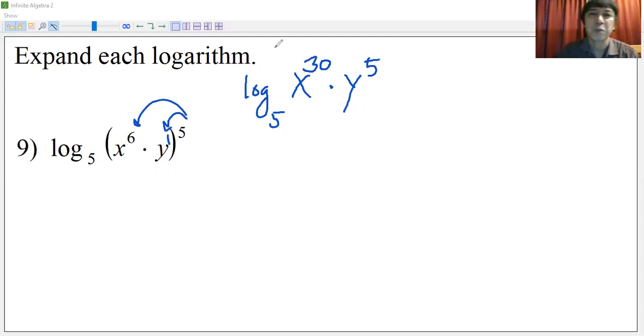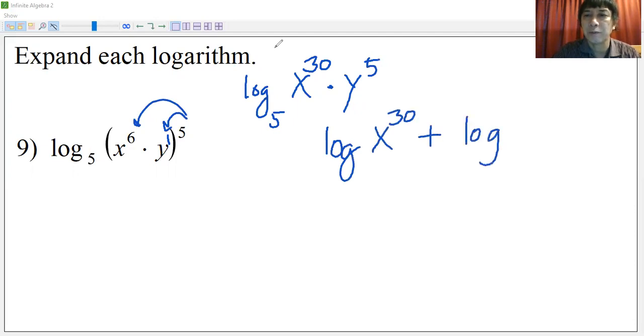Now we can expand this using the product property, of course. Okay, this is now logarithm x to the 30 plus logarithm of y to the 5. And these are both base 5. Okay, there. And then one more line, and we have the final answer.